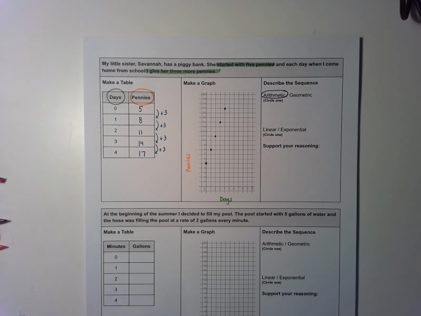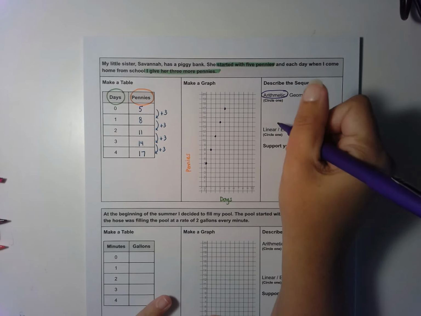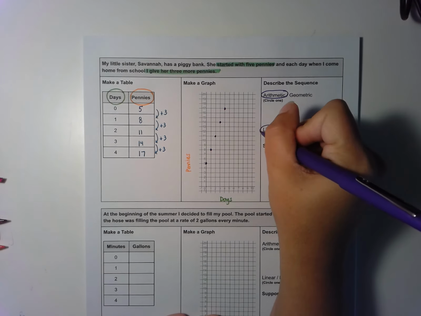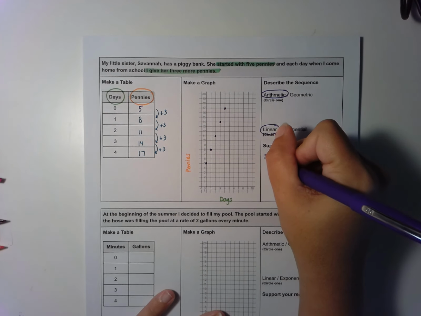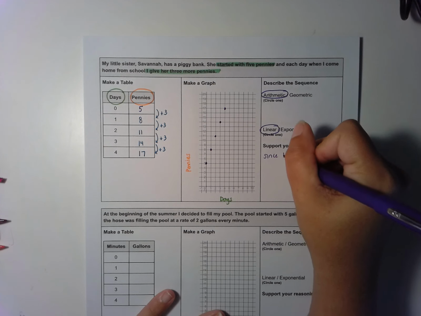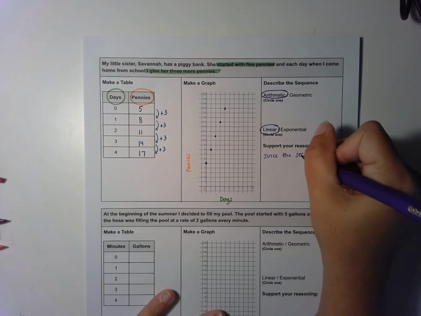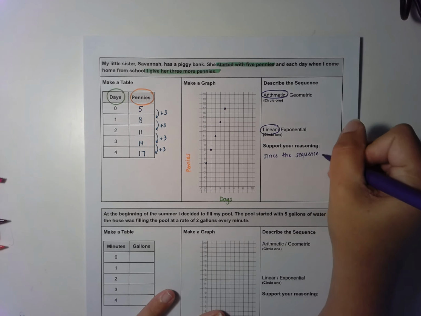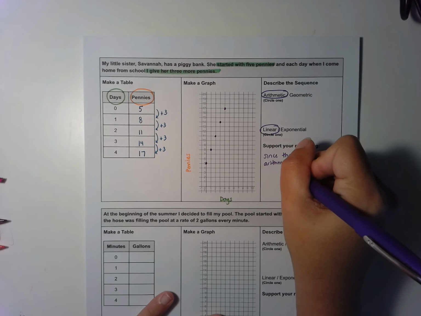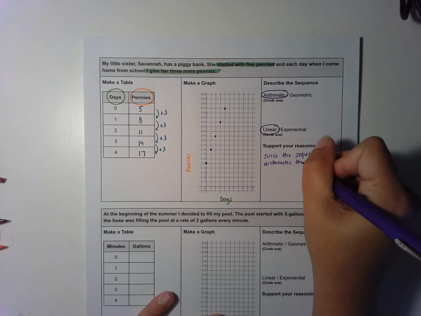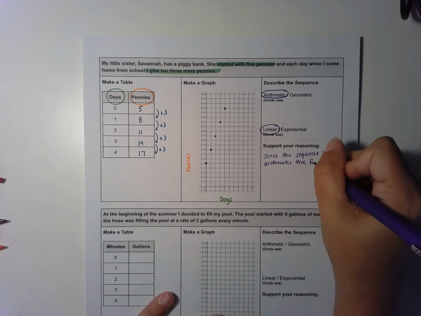Now, in this unit, we're going to also ask you, is this linear or exponential? The thing is that as soon as you say arithmetic, you can automatically say linear because every arithmetic sequence is linear. To support your reasoning, you would say, since the sequence is arithmetic, the function is linear.